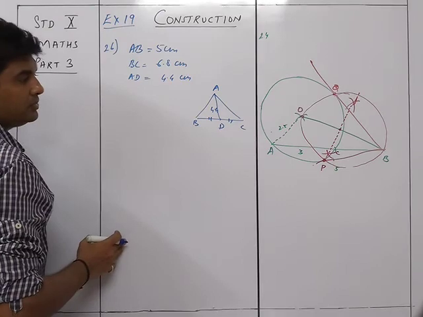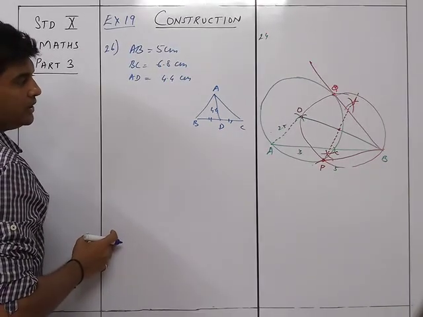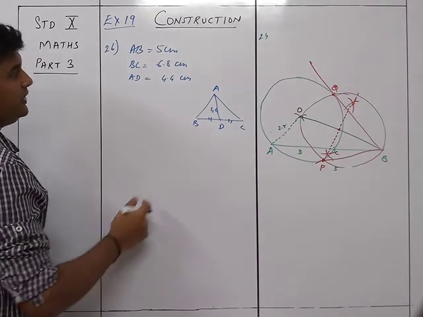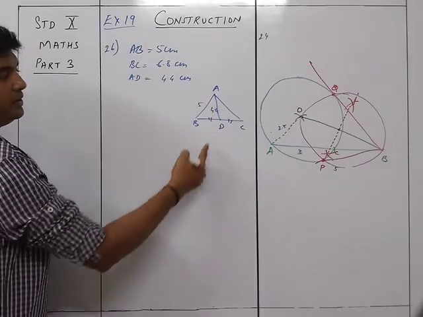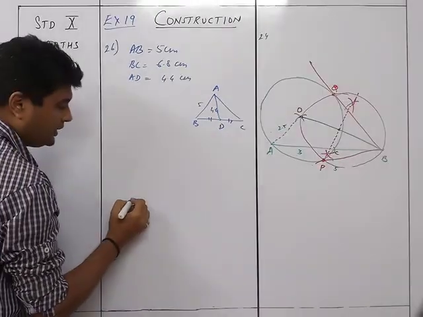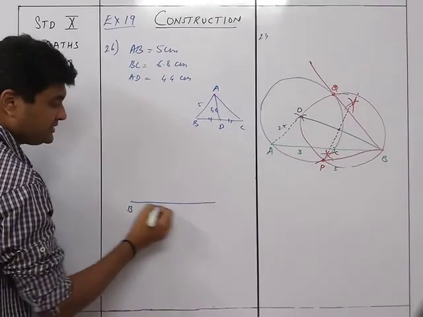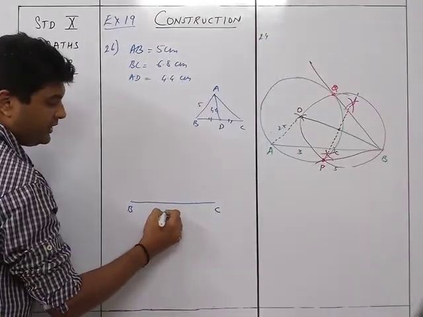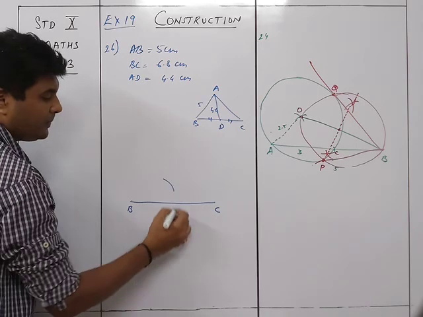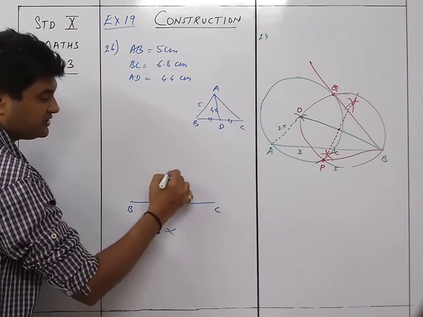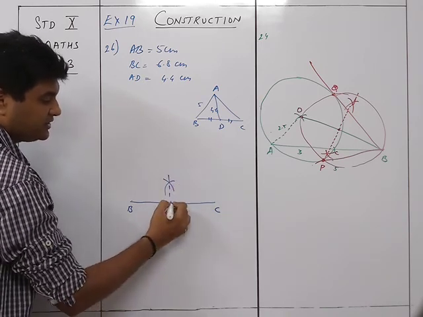So what do we do over here? We know AB is 5. So we do this way: you draw the line BC first. This is BC, which is 6.8. You draw the perpendicular bisector of this. So this gives you the center of this line.